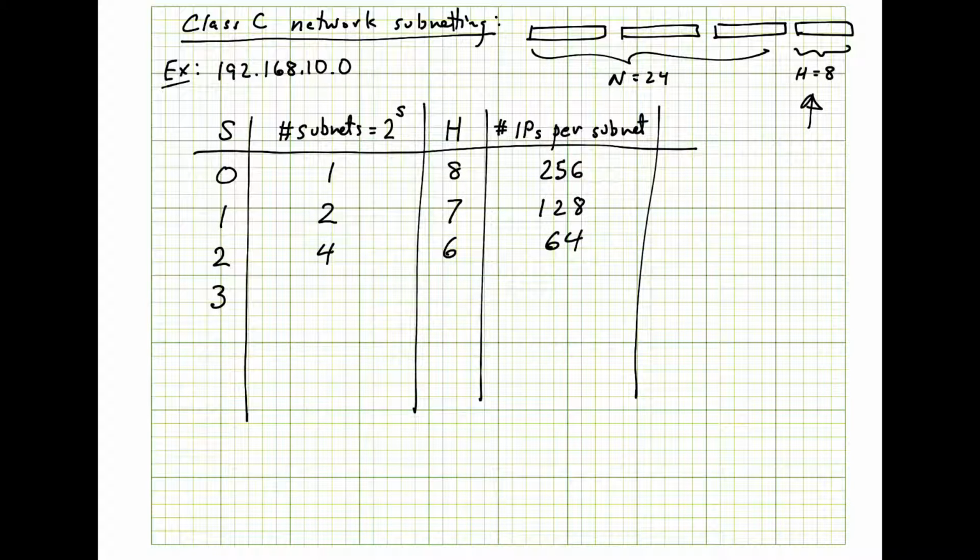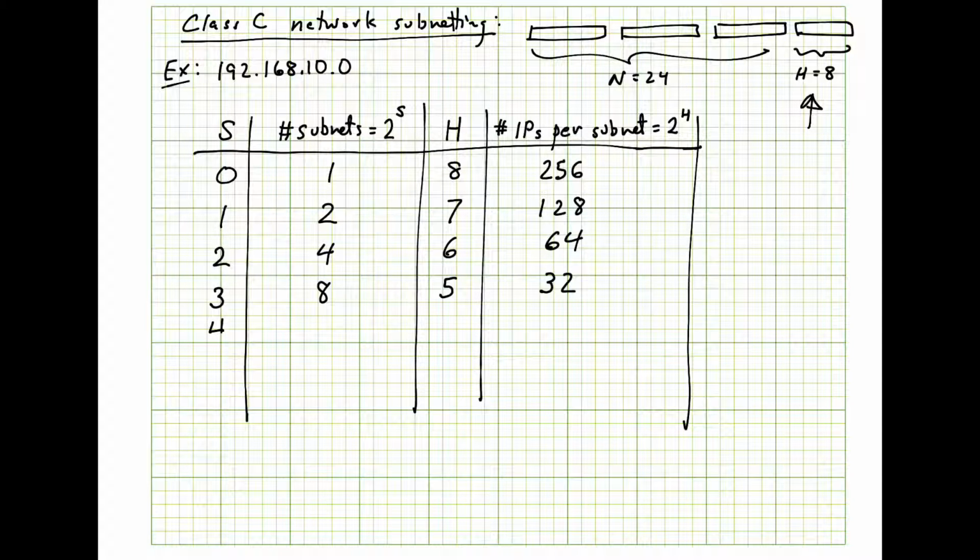When S is 3, the number of subnets is 8. I've only got 5 host bits left, and 2 to the 5th is 32. So the number of IPs per subnet is 2 to the H in our table here.